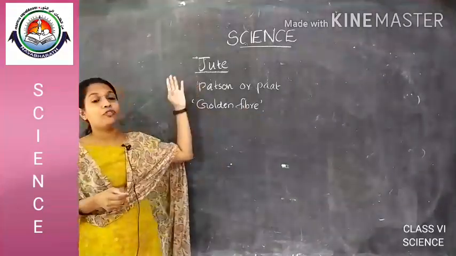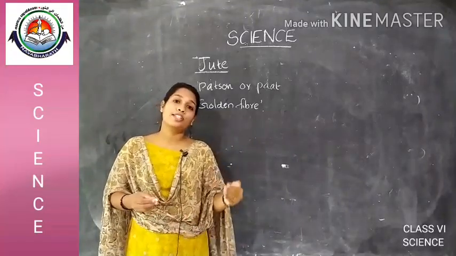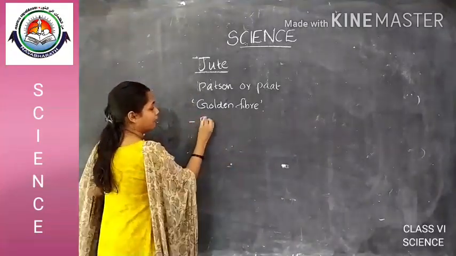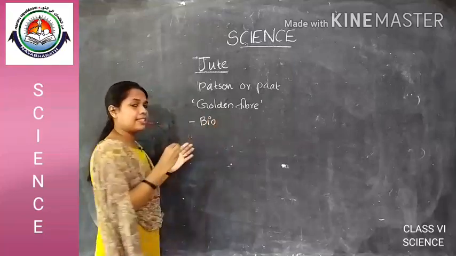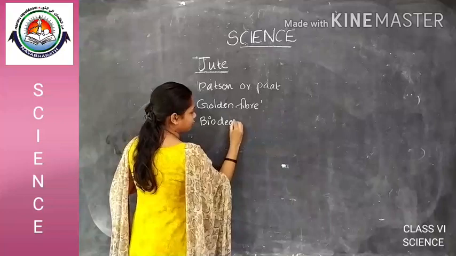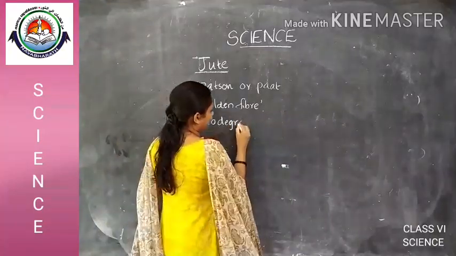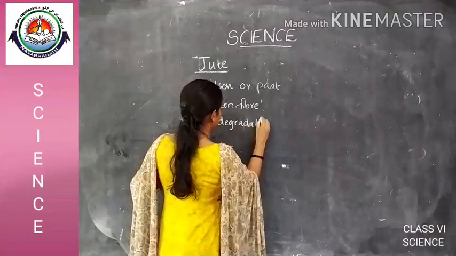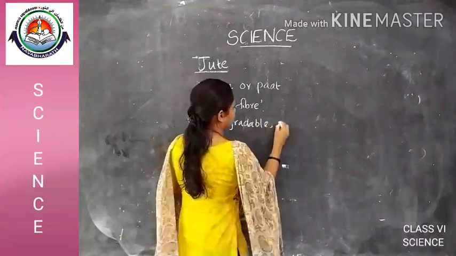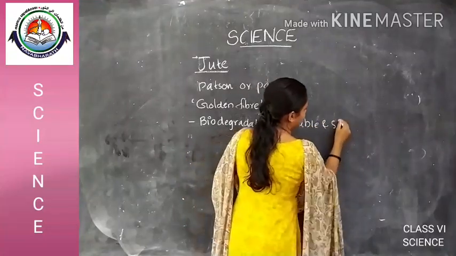The jute fiber is biodegradable, durable and strong. It is biodegradable, that is, it is degraded biologically, which will not cause any damage to our environment. Durable and strong fiber.